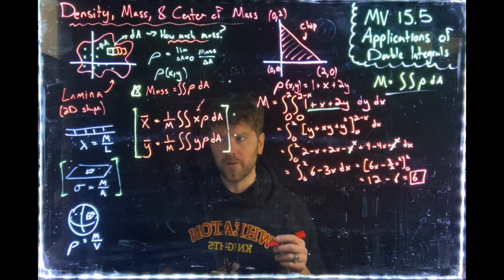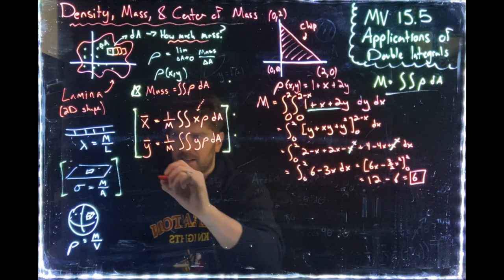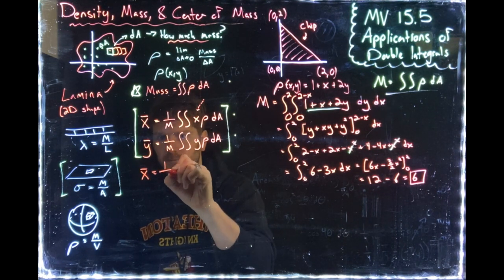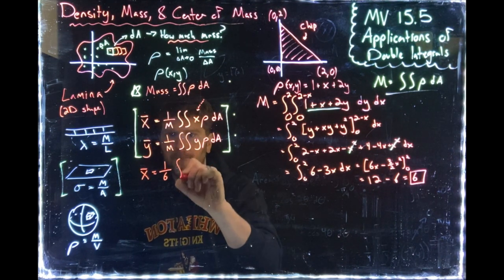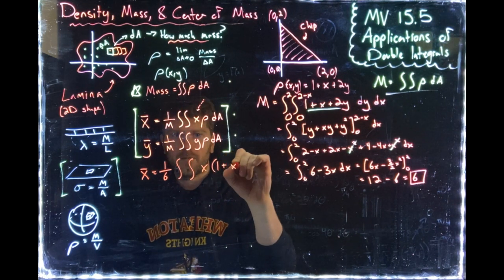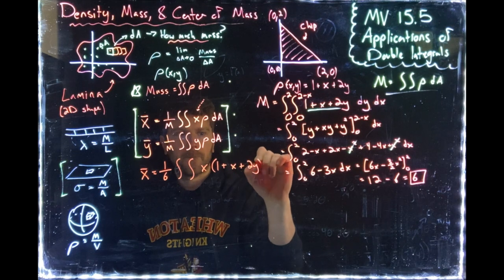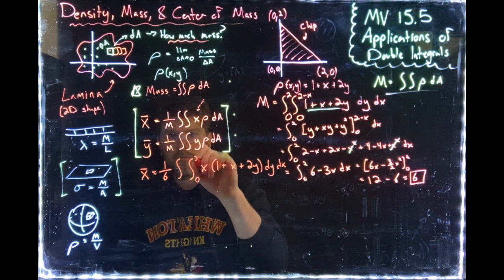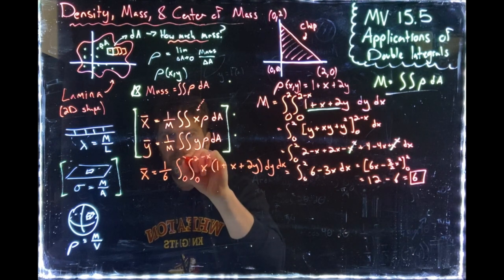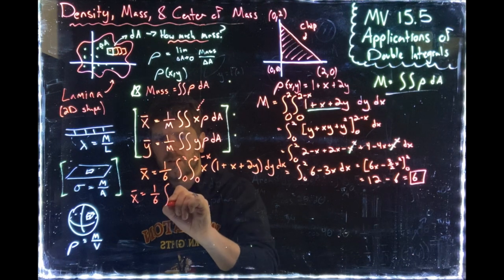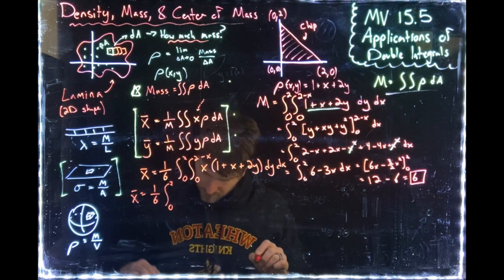So we'll do the full treatment for finding the x center of mass. So if I find the x center of mass, 1 over m, x times my density, still going to do it dy dx. My bounds are the same because my chip is the same. So you still get 1/6, 0 to 2.